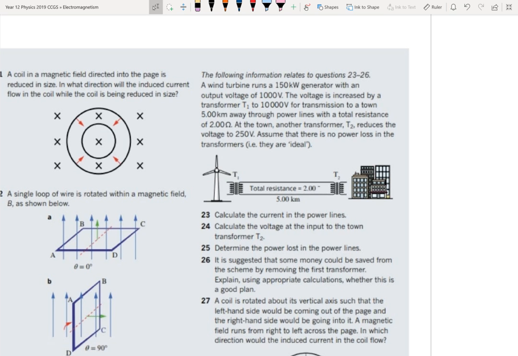Because we're on the primary side. We have not yet gone over to the secondary of the city. Just in that question, that voltage is across the primary, the first coil in the next transformer.